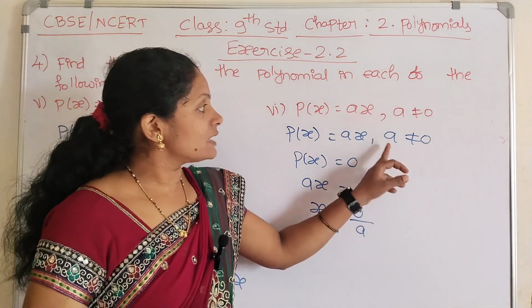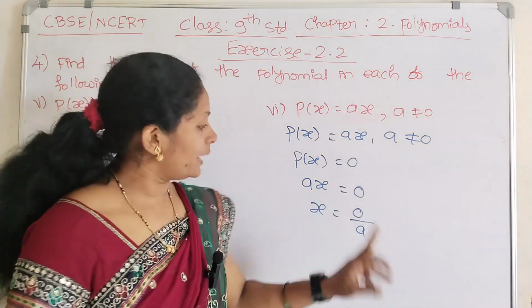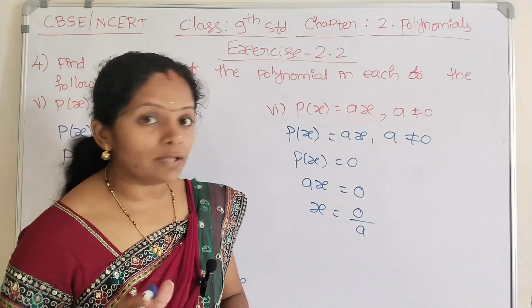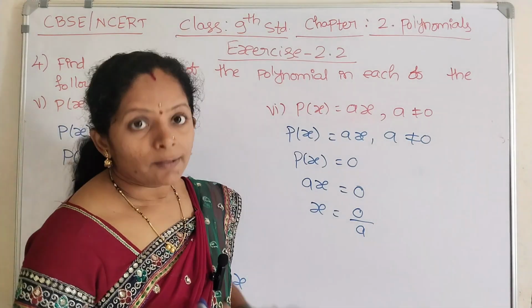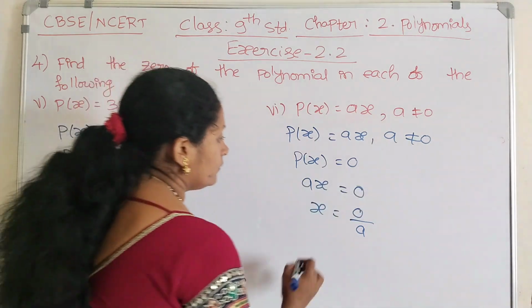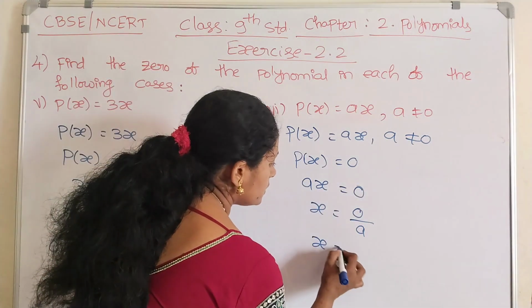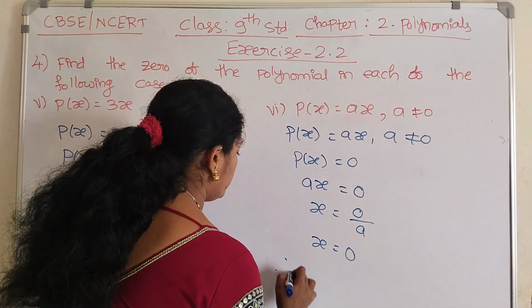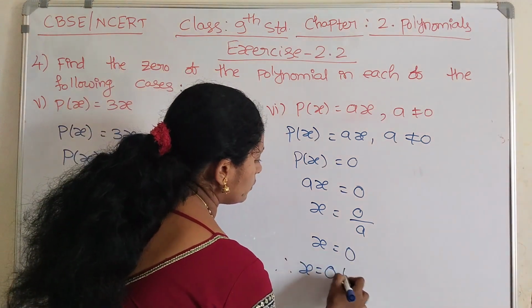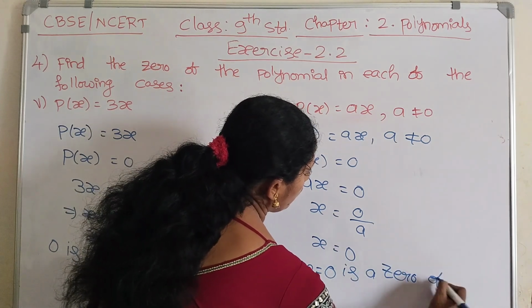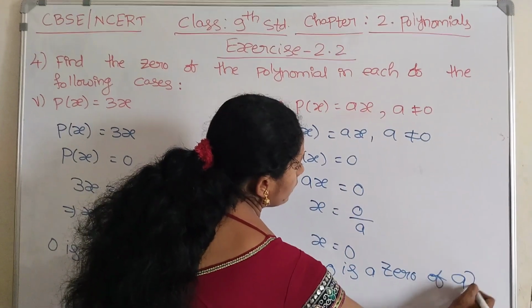Here it is given that a should not be 0. If the denominator becomes 0, we can't determine the value of this. That's why a should not be 0. x is equal to 0 by a is the zero. Therefore, x equals 0 is a zero of ax.